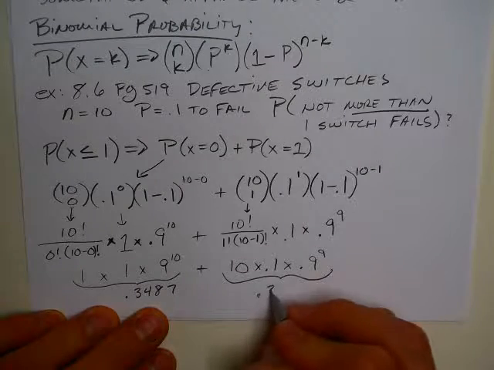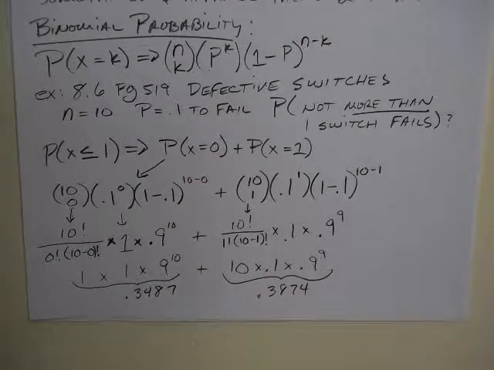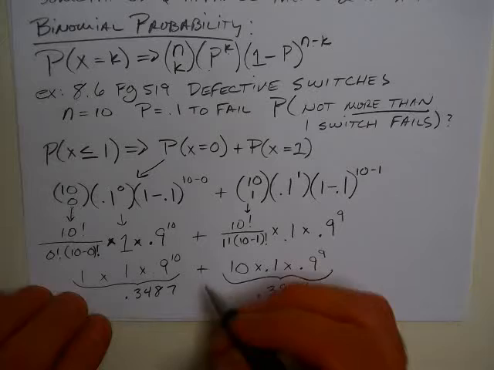And this is about 0.3874. When this boils down, this just becomes 1 again, pretty much. Add those guys together.